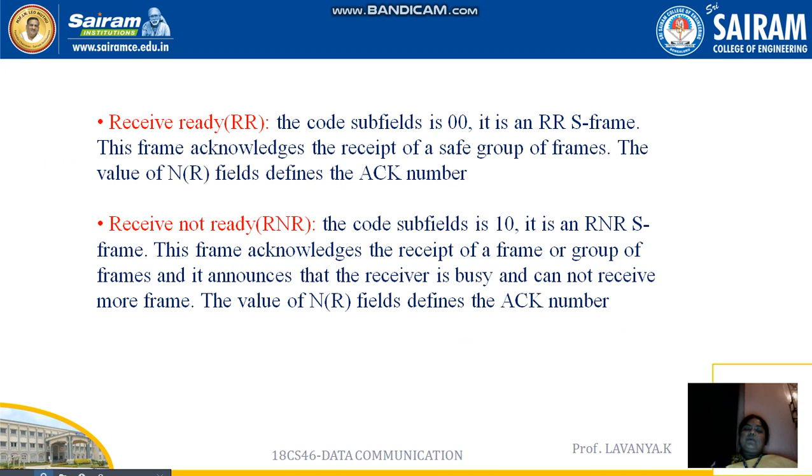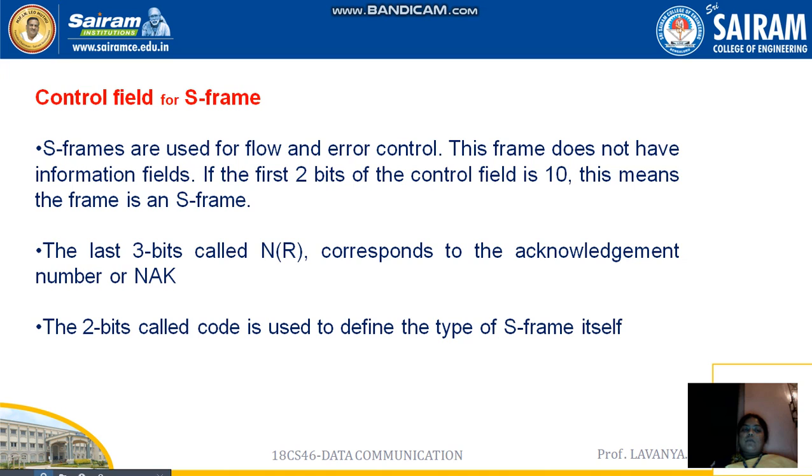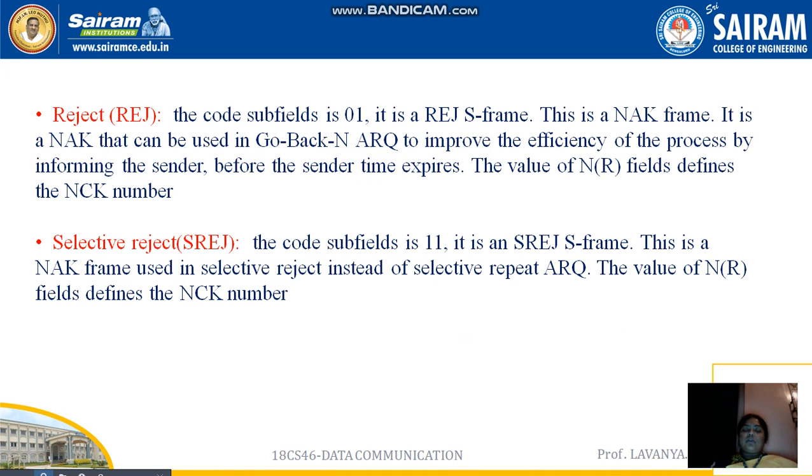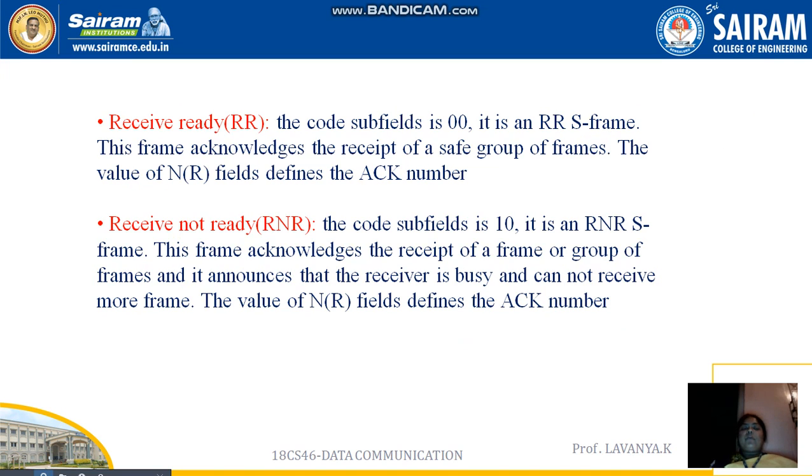Then what is receiver ready? We call it the RR code. Then there is receiver not ready. So our S frame works with more than one function: receiver ready and receiver not ready. In receiver ready, what will happen?